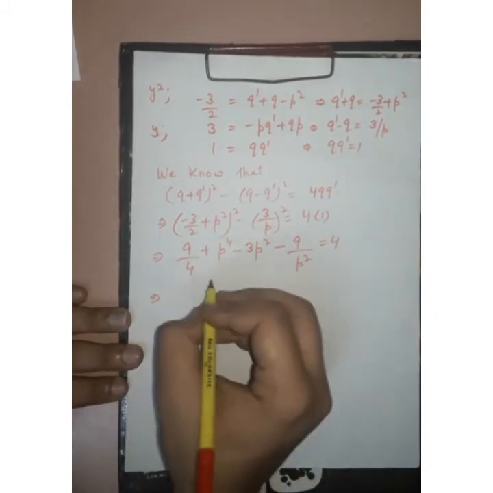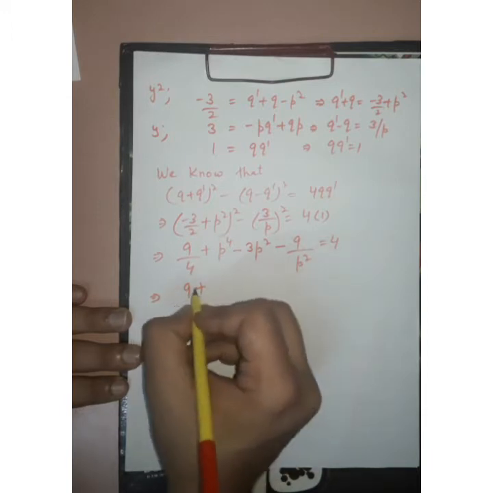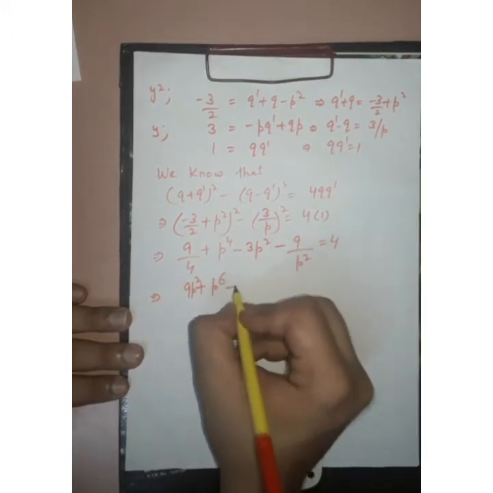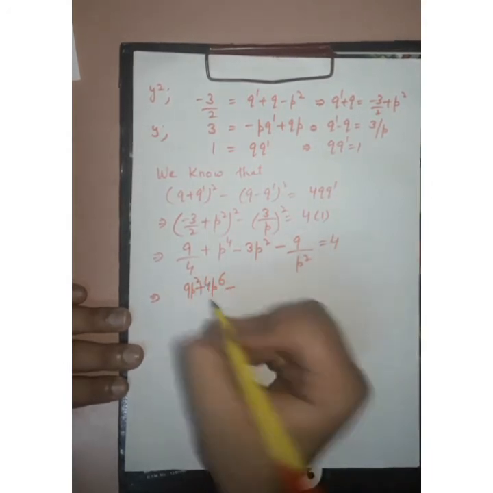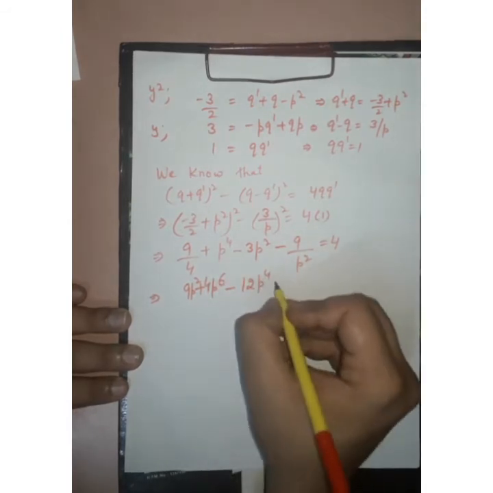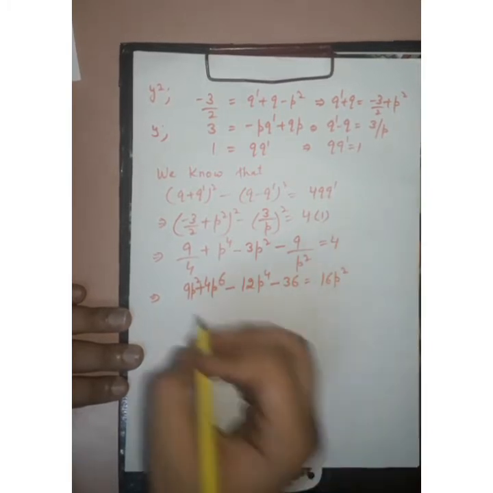Taking the LCM 4p square, you will get 9 plus 9p square plus p6 minus 4p6. 4p6 minus 12p4 minus 36 is equal to 16p square.